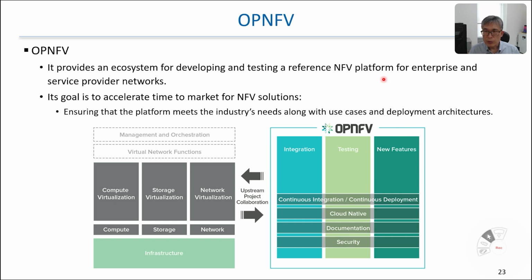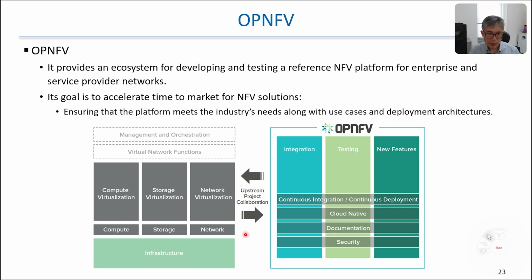The last open source project is OPNFV. OPNFV provides an ecosystem for developing and testing a reference NFV platform for enterprise and service provider networks. Its goal is to accelerate the time to market for NFV solutions. Basically, OPNFV is a kind of development platform that integrates code and tests, and new features can be plugged in.